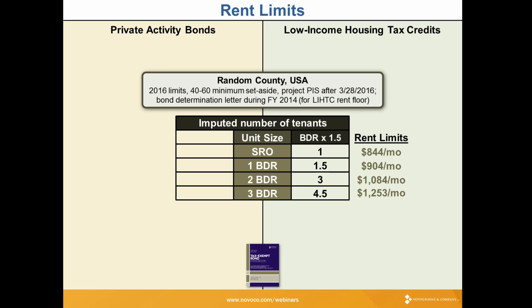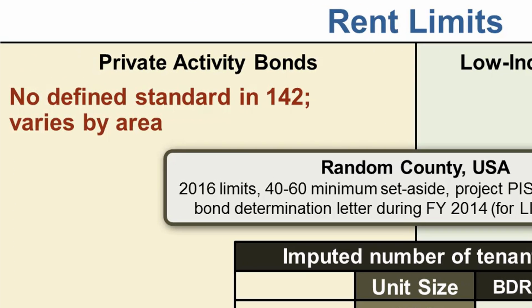Private activity bonds are a little more Wild Westy, where there's no defined standard in 142. It will vary by your area. Often that means that, okay, well, we'll just adhere as closely as possible to low-income housing tax credits, and then you're lined up very nicely. But the allocating authority or the area itself under which your bonds are issued don't necessarily have to, in their regulatory agreement, do that.